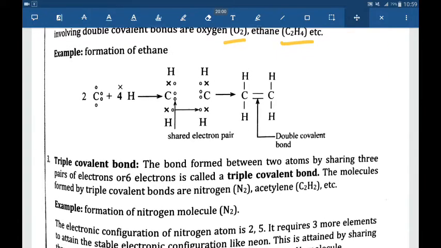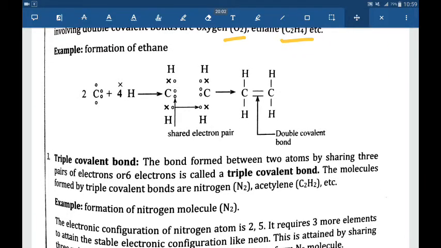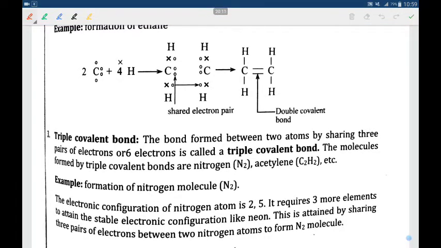Dear students, now look at here, formation of ethene. In ethene, carbon contains four electrons in the outermost shell, hydrogen contains one. That's why what happens?